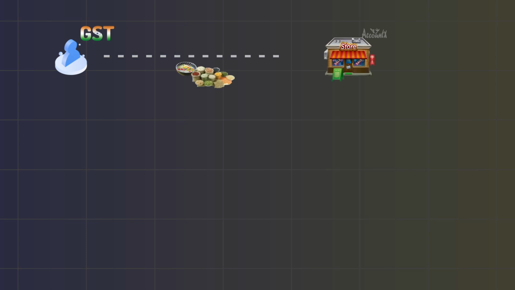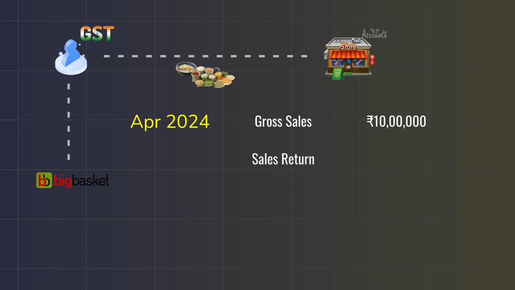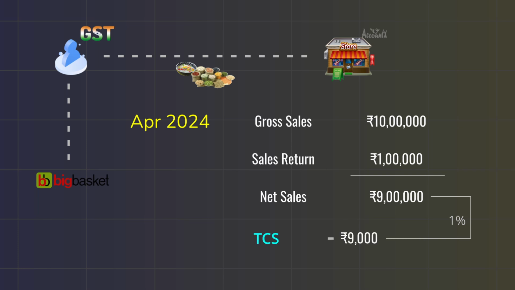To have a better understanding of this, let's consider a scenario. Imagine you are a GST registered business who is into supply of groceries through your offline store. Let's say you are also registered on BigBasket as an e-commerce seller. And for April 2024, gross sales 10 lakh, sales return 1 lakh. So TCS is applicable at 1% of net sales, that is on 9 lakh. So TCS is 9K.